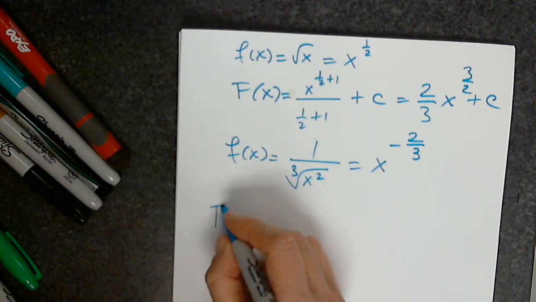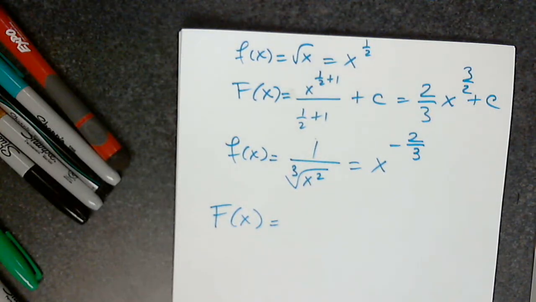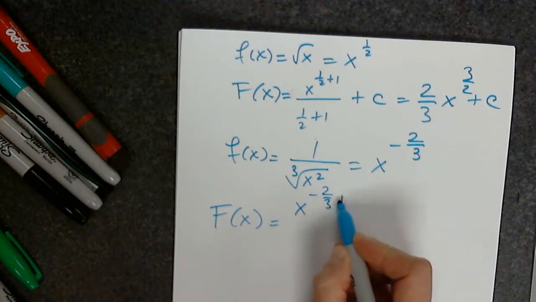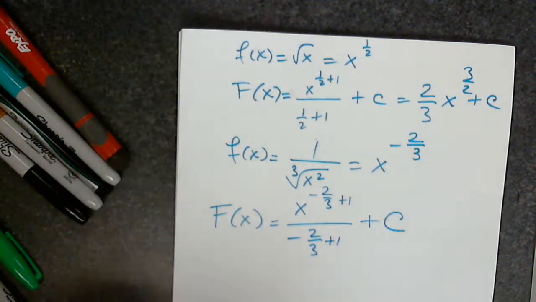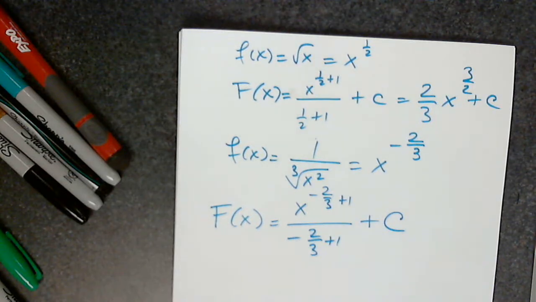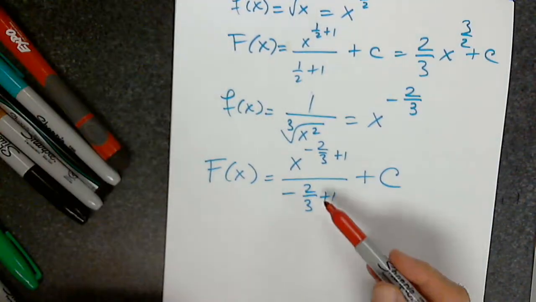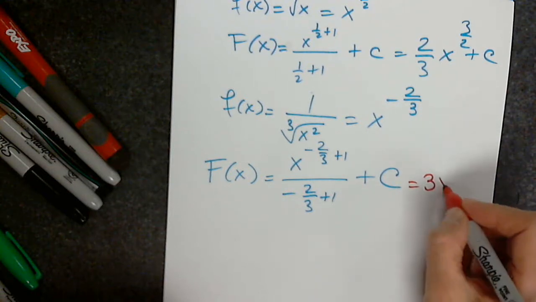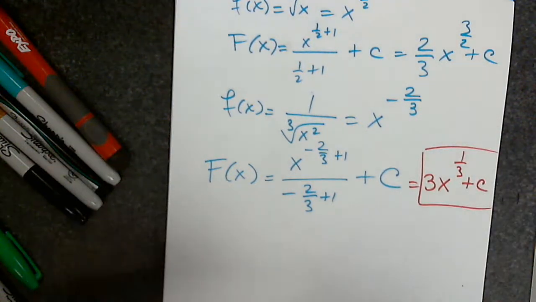By definition, the antiderivative will be denoted by uppercase F. So I have x to -2/3 plus 1 over -2/3 plus 1 plus a constant c. We need to simplify. -2/3 plus 1 is 1/3, and I flip that, so it's 3 x to 1/3 plus a constant c.